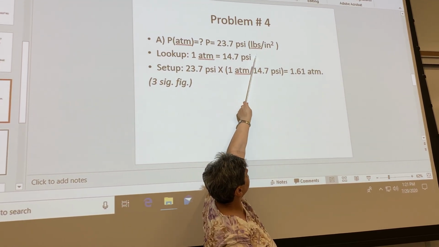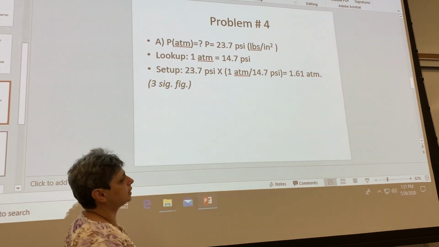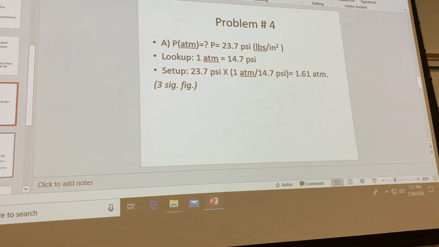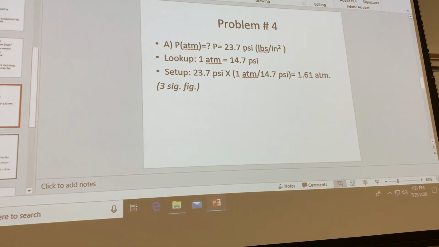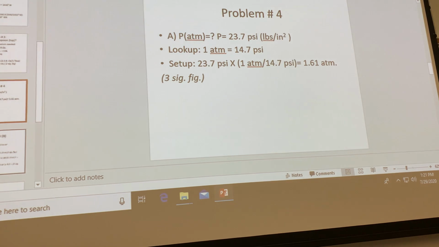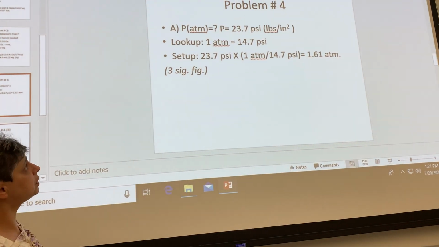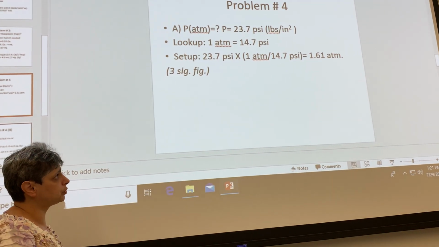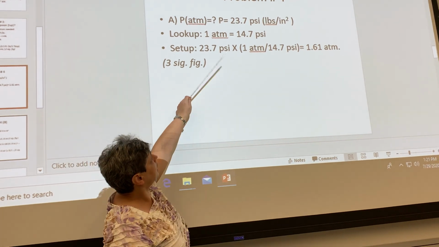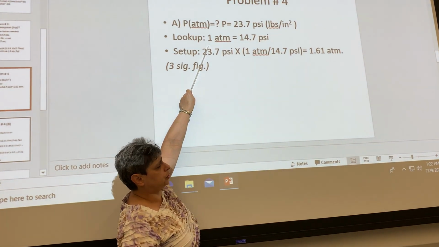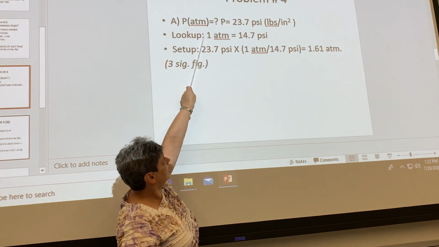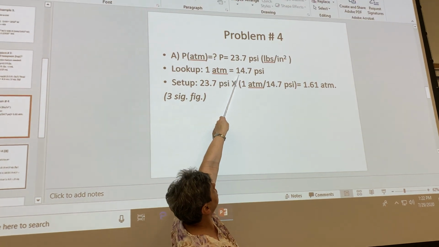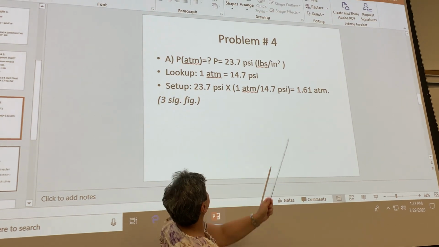Psi stands for pounds per square inch, and that's a common unit for pressure in the English system. So once again, we need to look up the conversion factor that would tell us the relationship between ATMs and pounds per square inch. And again, according to either table D12 or appendix A, 1 ATM is equal to 14.7 pounds per square inch.